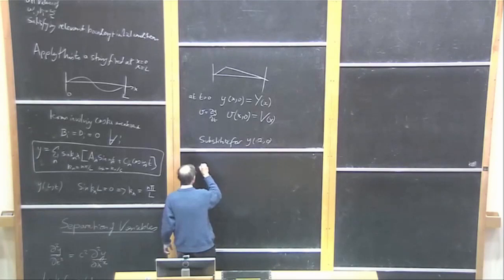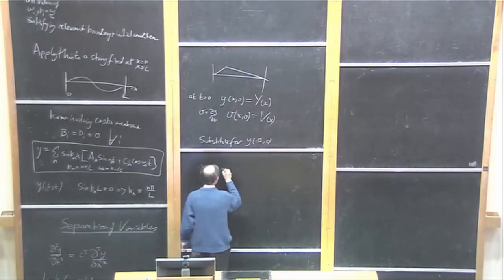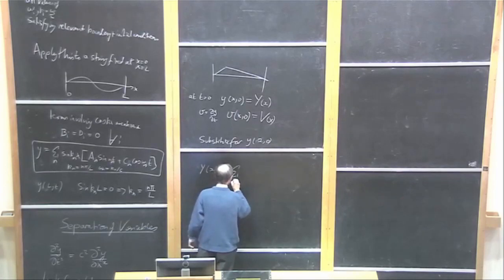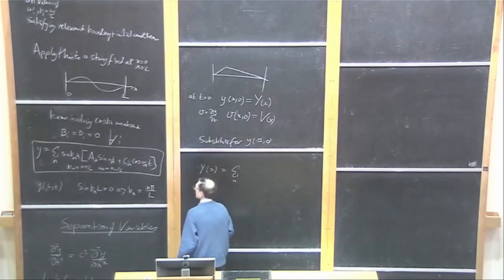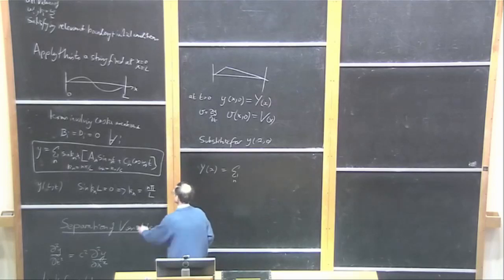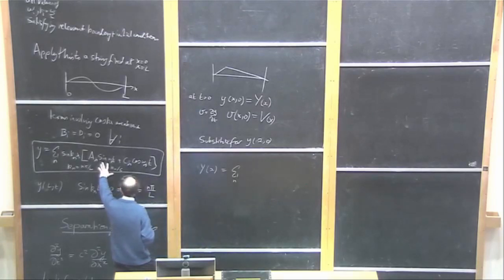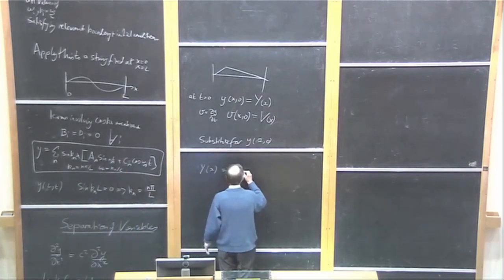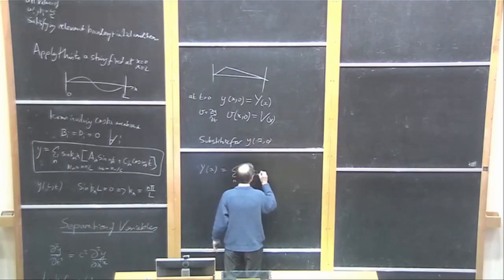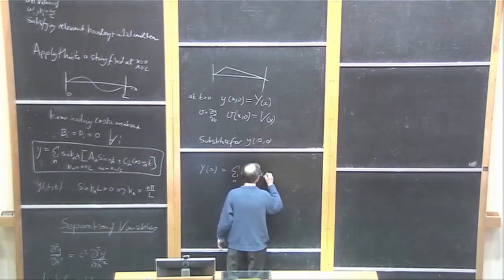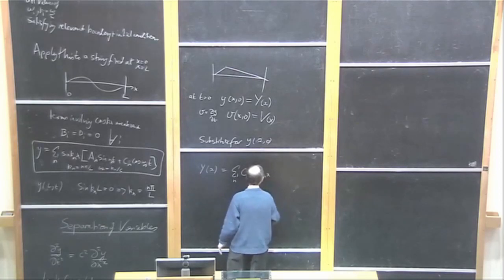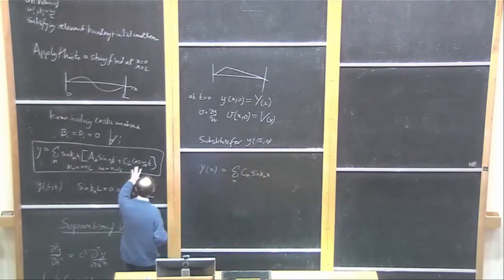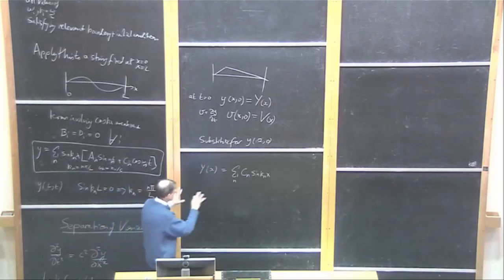We have y of x is the sum over n. We're going to put t equal to 0. That has the effect that the sine terms go to 0 here, and so we get the sum over n of c n sine k n x, and the cosine goes to 1, so that's it.